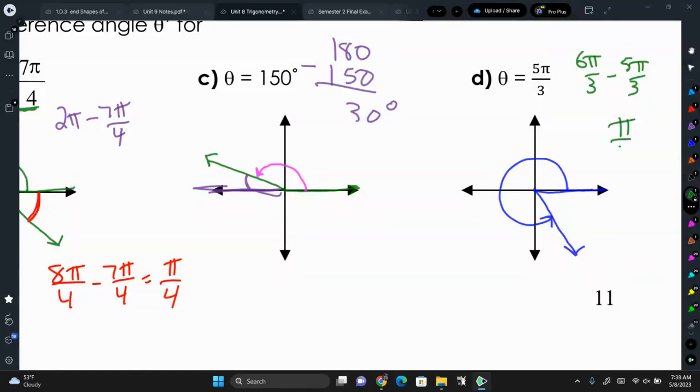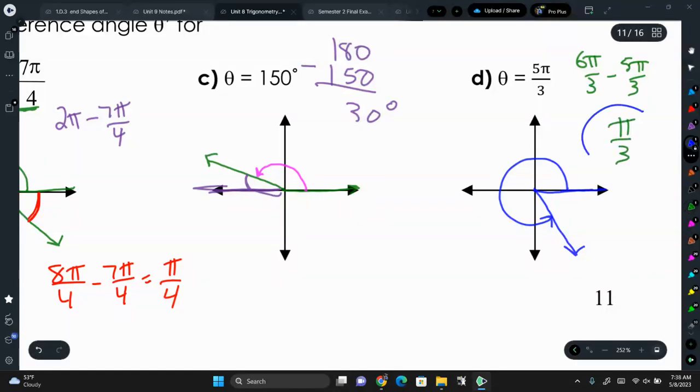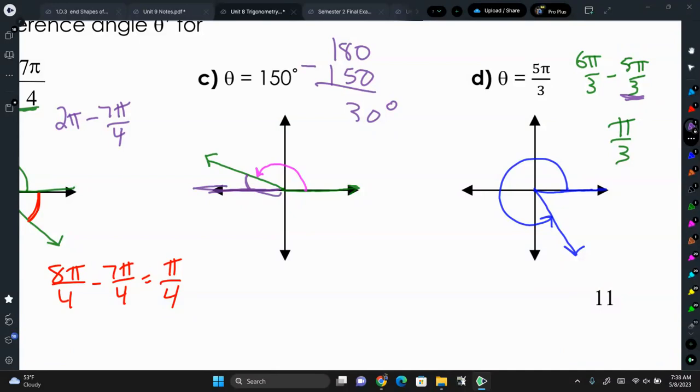So our reference angle is pi over 3. Again, what that allows you to do is say, I know what the sine and cosine values of pi over 3 are, and then I can just translate that to find out what the sine and cosine values of 5 pi over 3 are, and then change the signs.